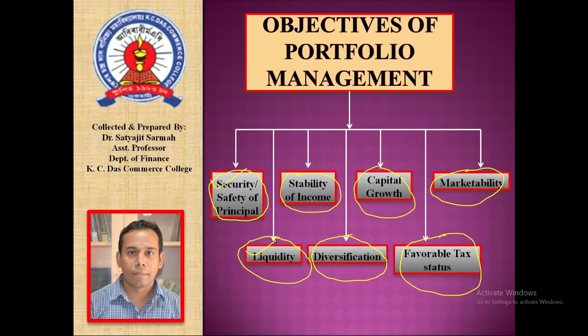Portfolio management always ensures liquidity to the investment. Another objective of portfolio management is a stable income. Stable income provides for reinvestment or consumption of income, which facilitates accurate and systematic planning of investment.